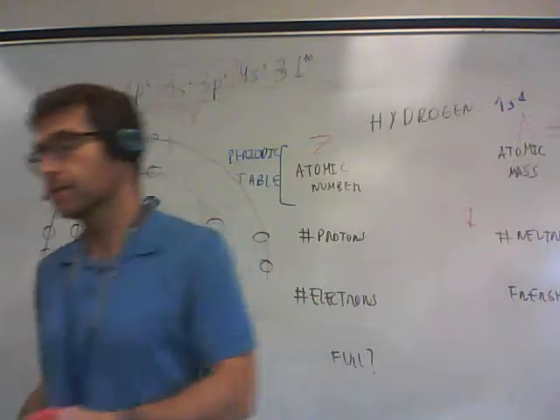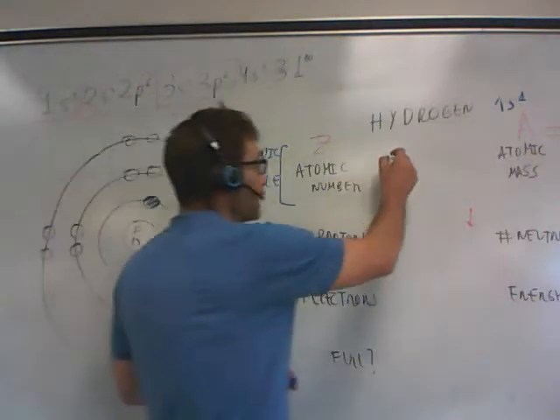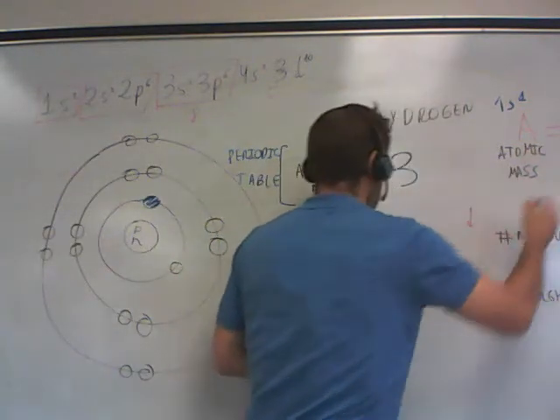Lithium. I go to the periodic table and I read: atomic number 3, and mass number 6.94. I can round it to 7. So I have 3 for the atomic number and 7 for the atomic mass.